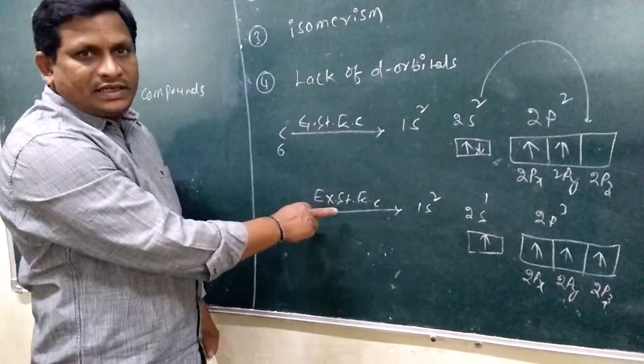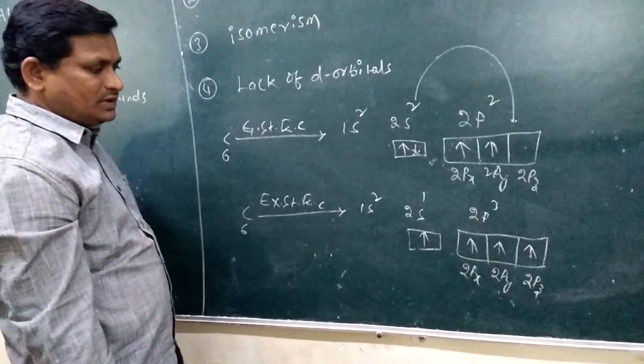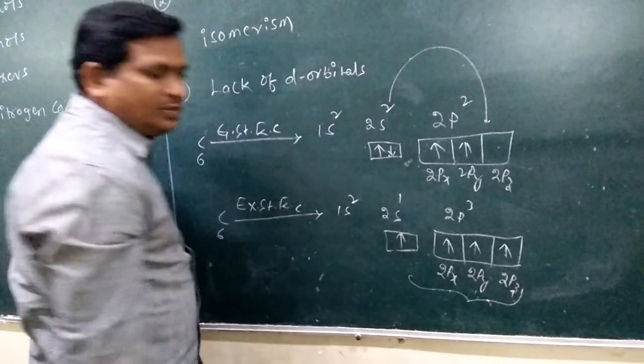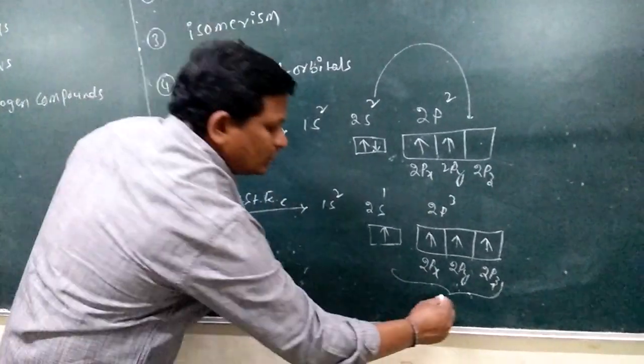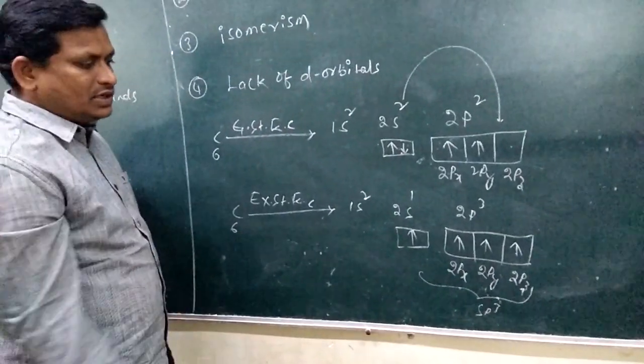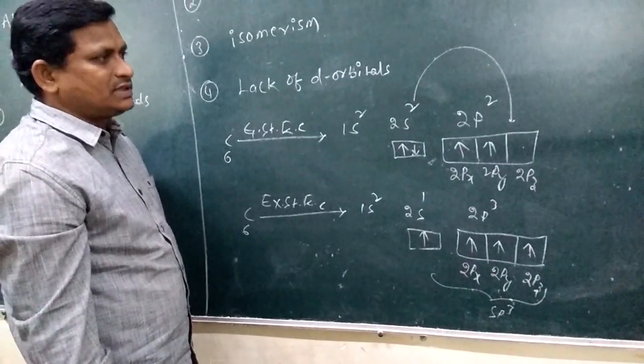So in excited state, carbon has 4 unpaired electrons. Now one s orbital combines with 3 p orbitals, undergoes sp3 hybridization, and gives 4 identical sp3 hybrid orbitals.